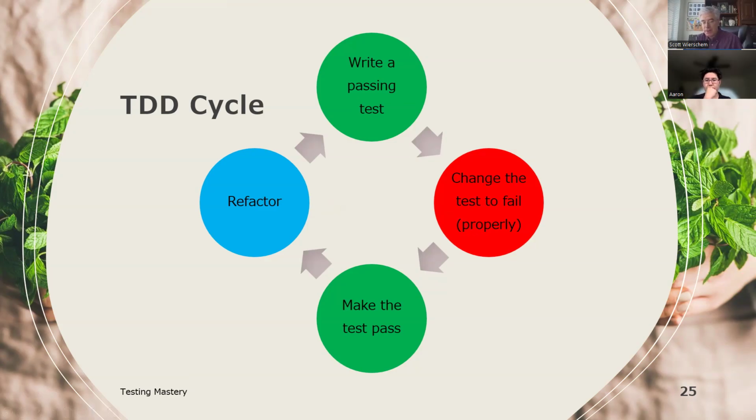If it's a bug, it fails in such a way that the bug is now corrected. If you're adding a new feature, it fails in such a way that the feature is now expected to be there. Then again, you write enough code to make that test pass, and you refactor things. So this is our cycle for doing TDD when you're doing test-driven maintenance.